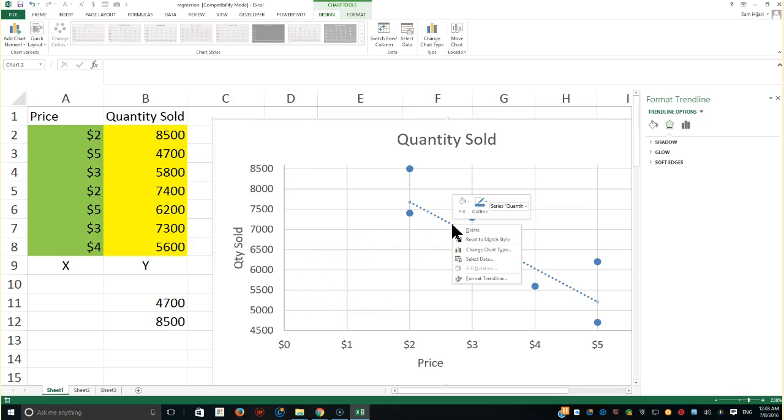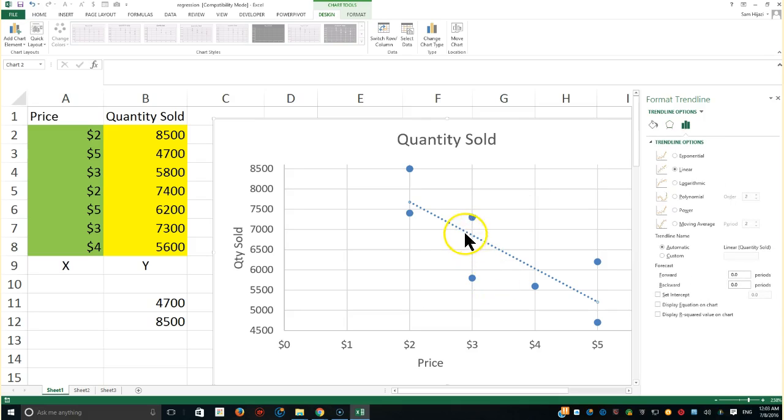How are we going to be able to do that? If we go to this one here and format the trendline, notice I click the right button on the line, format trendline. Just in case I'm going too fast, I want to slow down so you can see the menu for formatting the trendline. I'm going to check these two very important pieces of information.